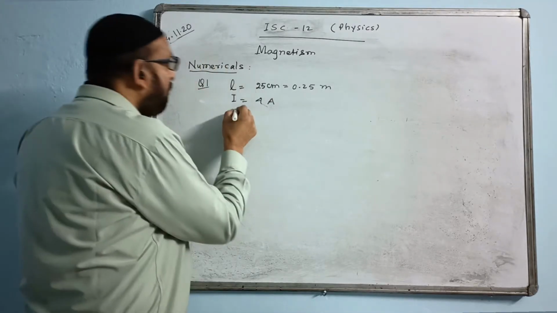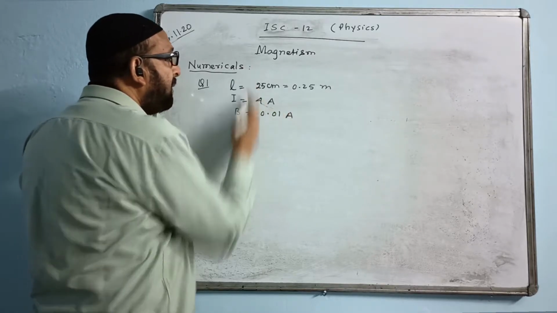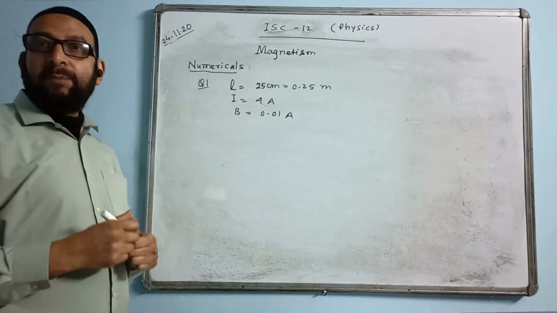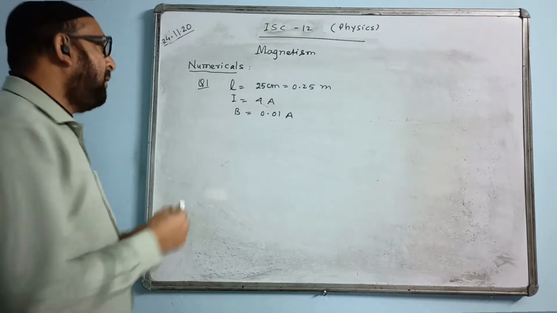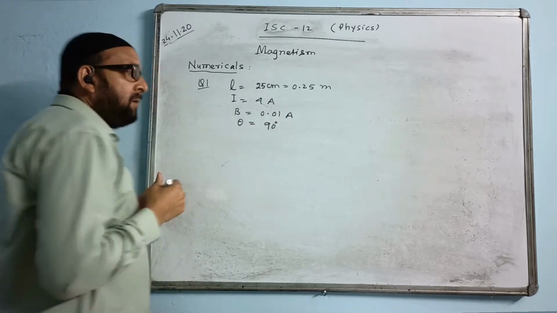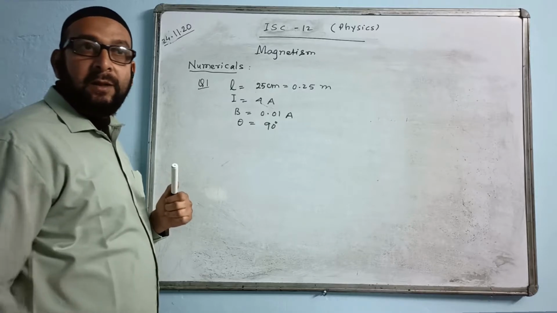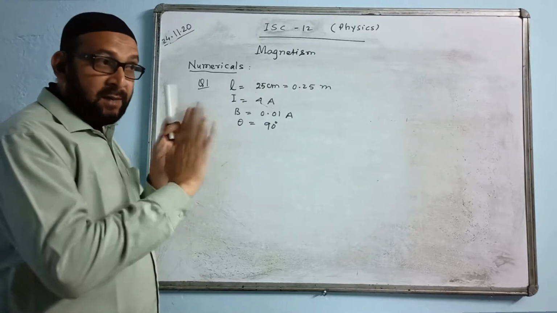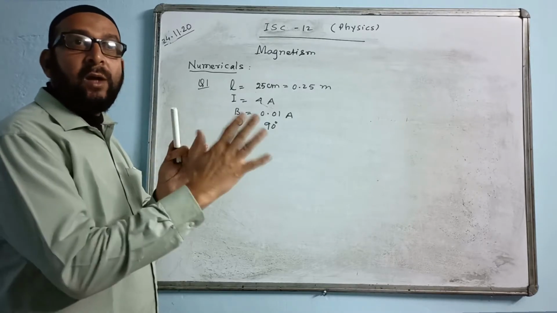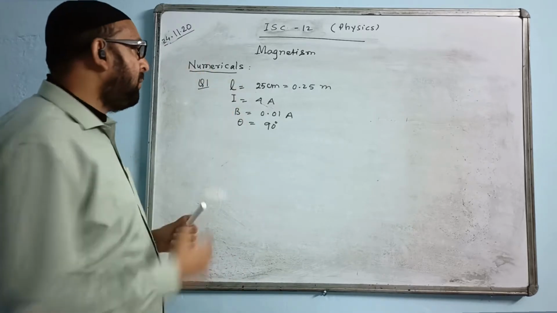Magnetic field is given, B is equal to 0.01 Tesla, and the straight conductor is placed perpendicular to the field. That means theta value is 90 degree. This length is perpendicular to the magnetic field, the question says. It is not about torque. In torque, they will say the plane of the armature coil is making this much angle. This is only a single wire, remember.